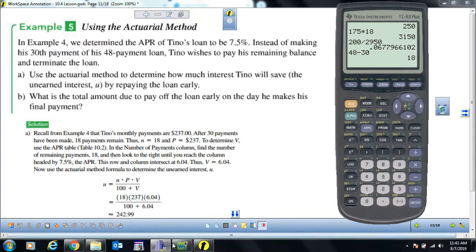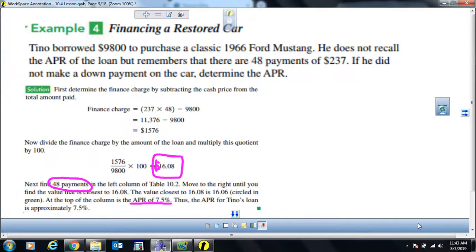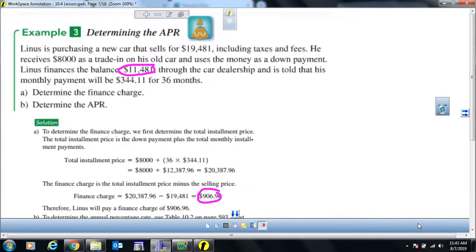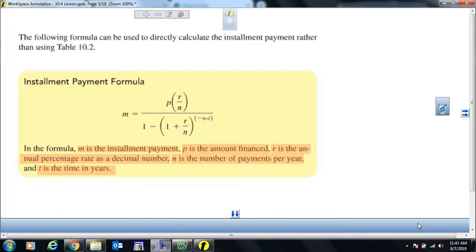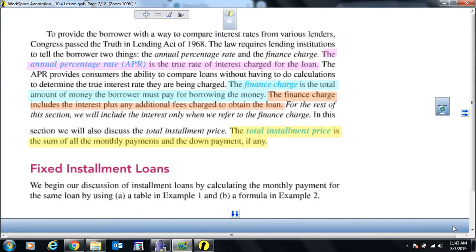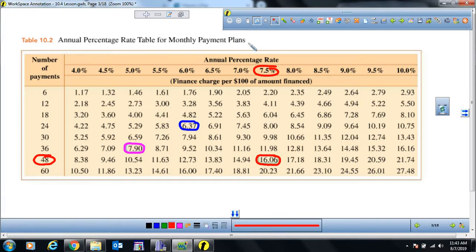So if we look at what the V is here, supposedly 6.04. Let's go to the table and confirm that. Let's look for 18 payments. So here is 18 payments with 7.5.